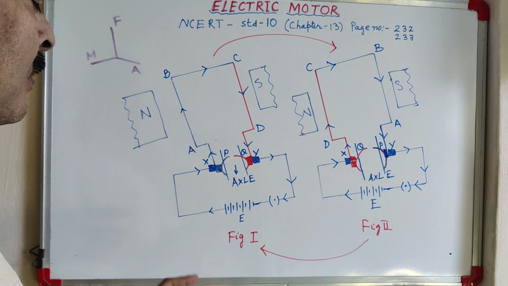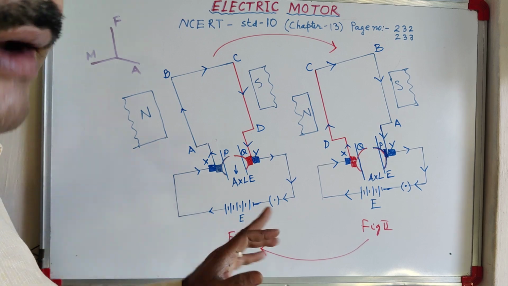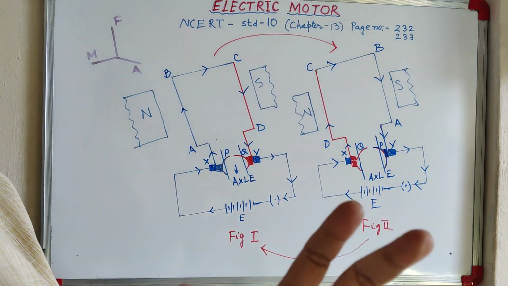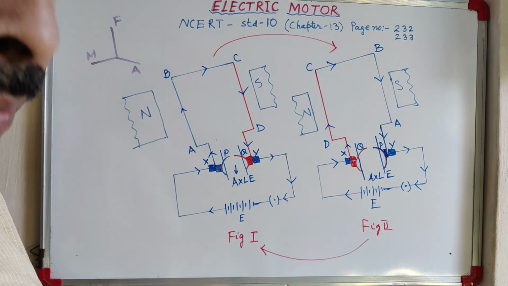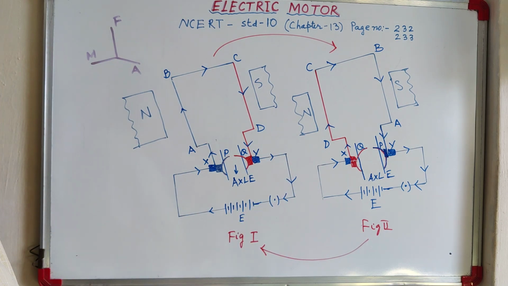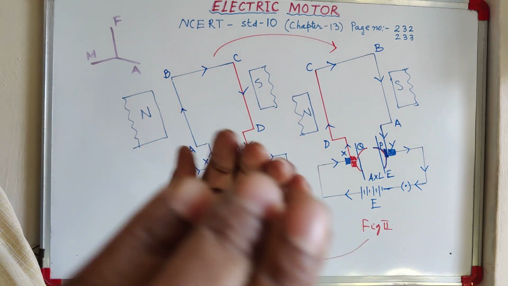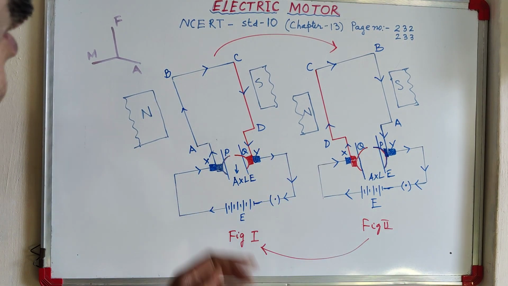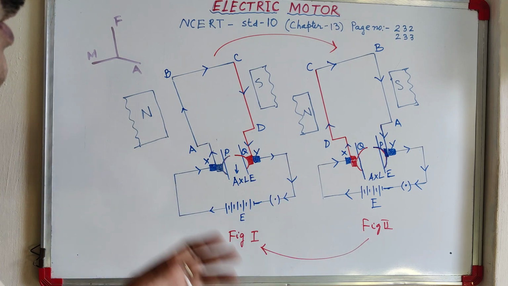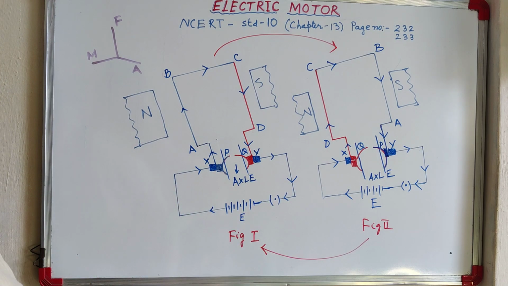Right? Now, we have to explain how the motor works with the help of two figures. In the textbook there is only one figure, which may not be enough for your understanding. So I have drawn two figures, so it will be very easy to understand how the motor works.